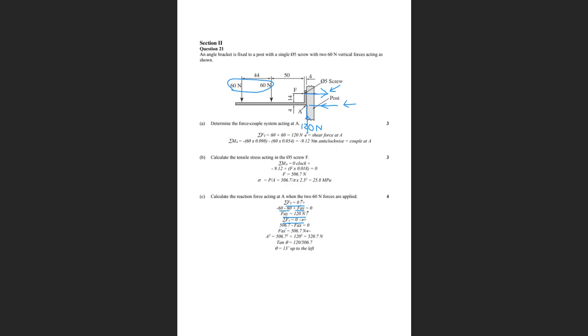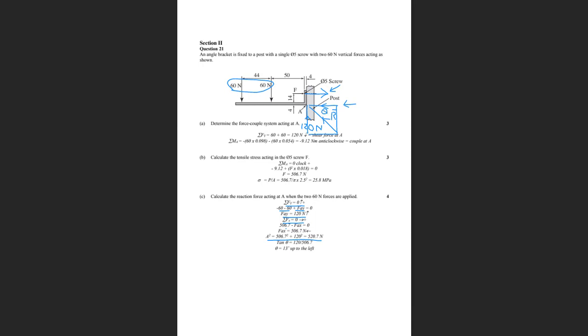But now you've got to complete the parallelogram and you've got to work out what the reaction is, or the resultant of those two forces. And using Pythagoras, we've got 520.7, and then you've got to find the angle here, which is theta.